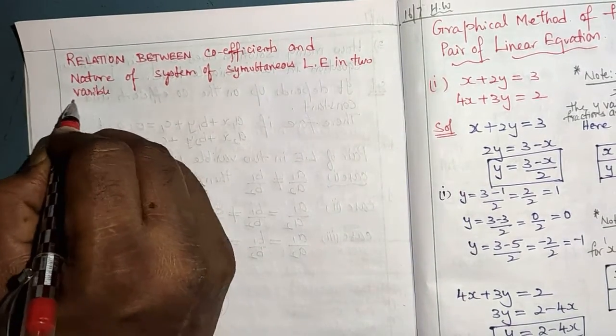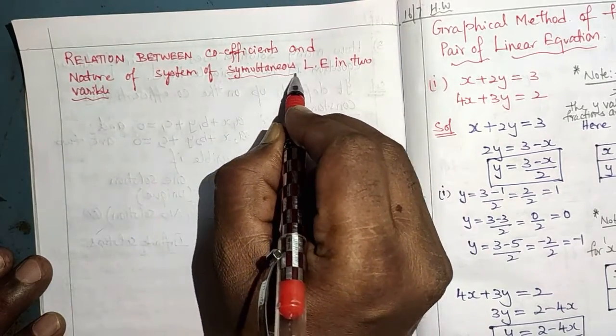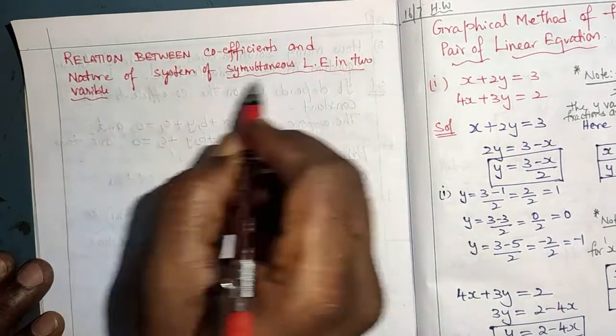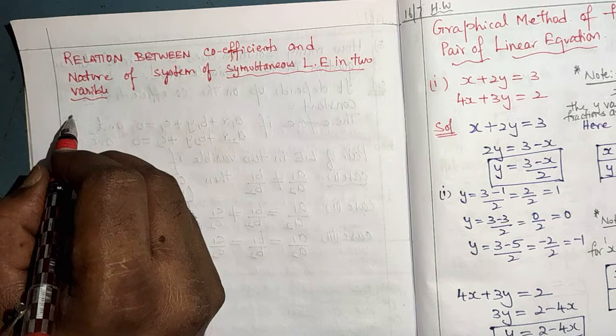Here in this chapter we are particularly reading about simultaneous linear equations in two variables. So what does the relationship mean? I will write it now.